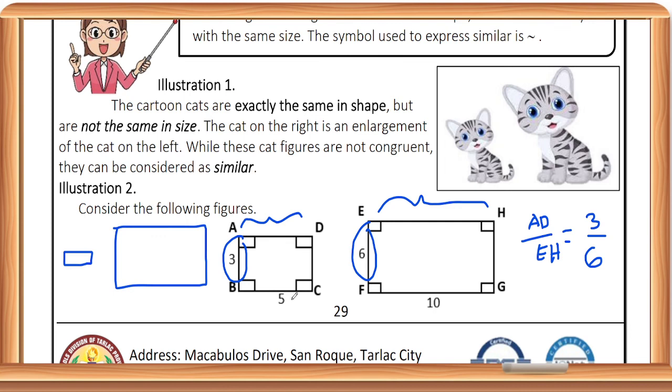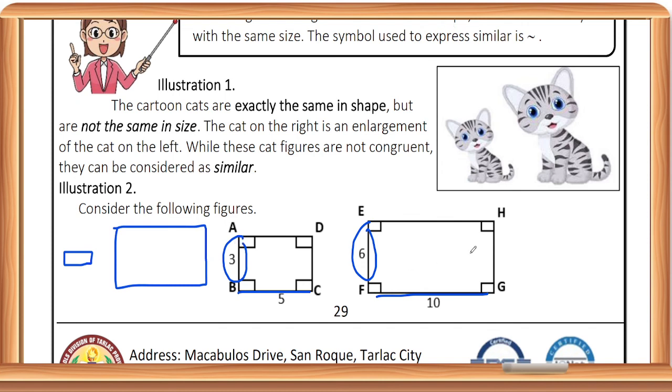So, since hindi mo alam, okay, dito tayo sa parehong given. Ito, tsaka ito. No? Ito, tsaka ito. So, let's try na to use AD and EF. So, ang kunin nating ratio is yung merong given. No? Tignan natin kung they are similar.